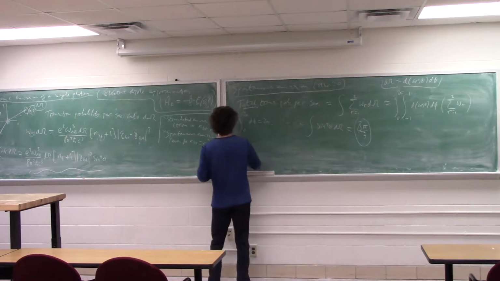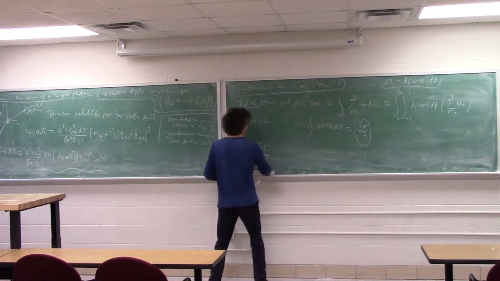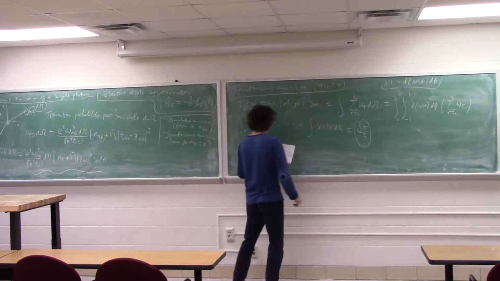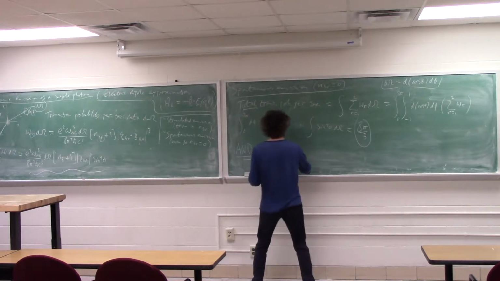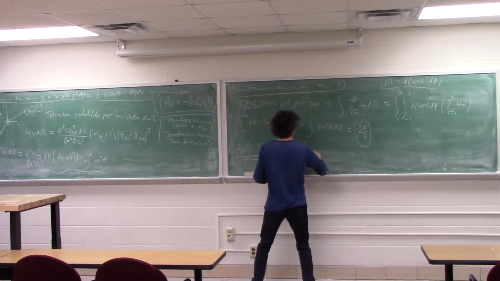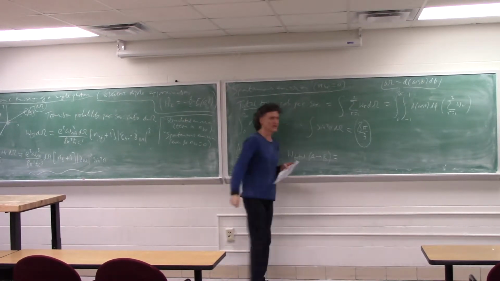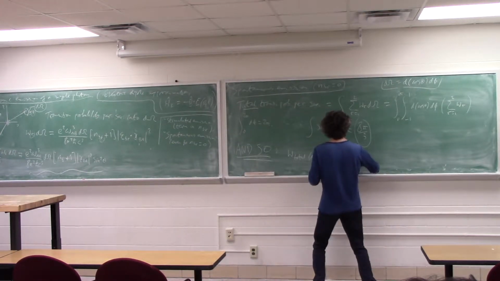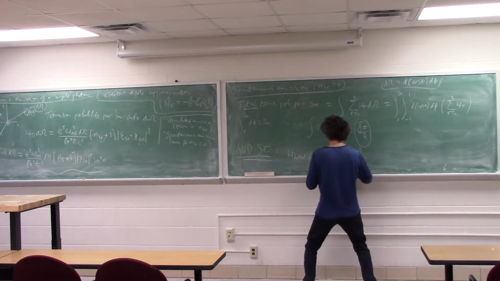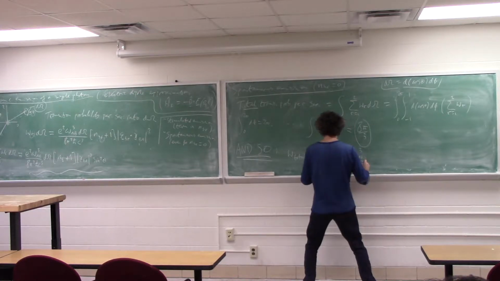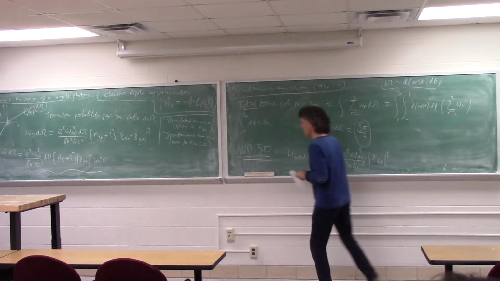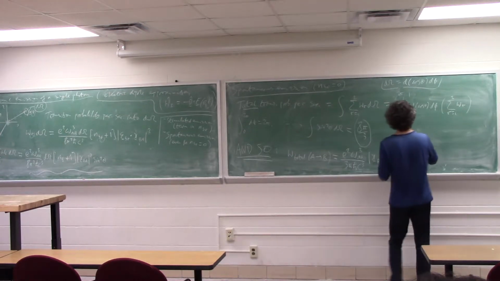And so we have the total transition probability per second for the atom to go from the upper energy state to the lower energy state is equal to e squared omega AB cubed divided by 3 pi h bar c cubed times the modulus squared of this matrix element XAB.